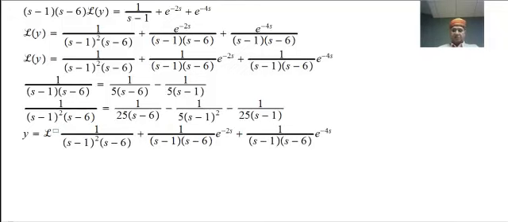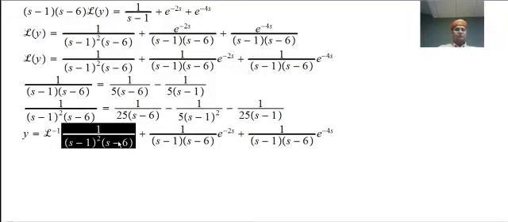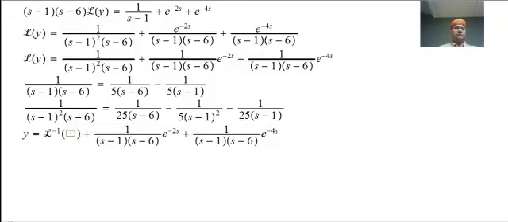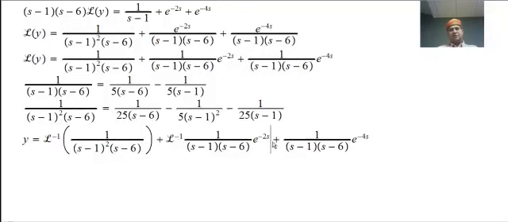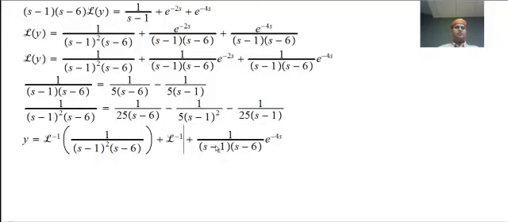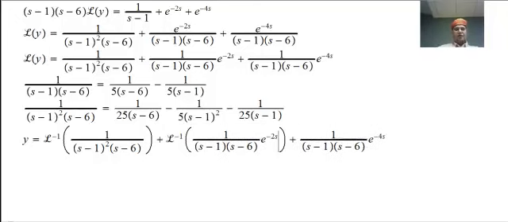The inverse Laplace of this quantity, right? And then we simply got inverse Laplace of this quantity here, right?